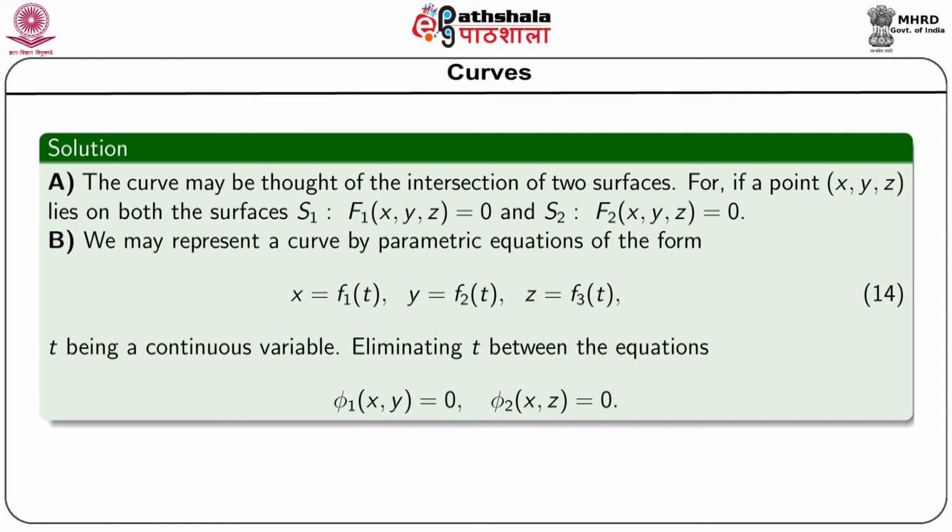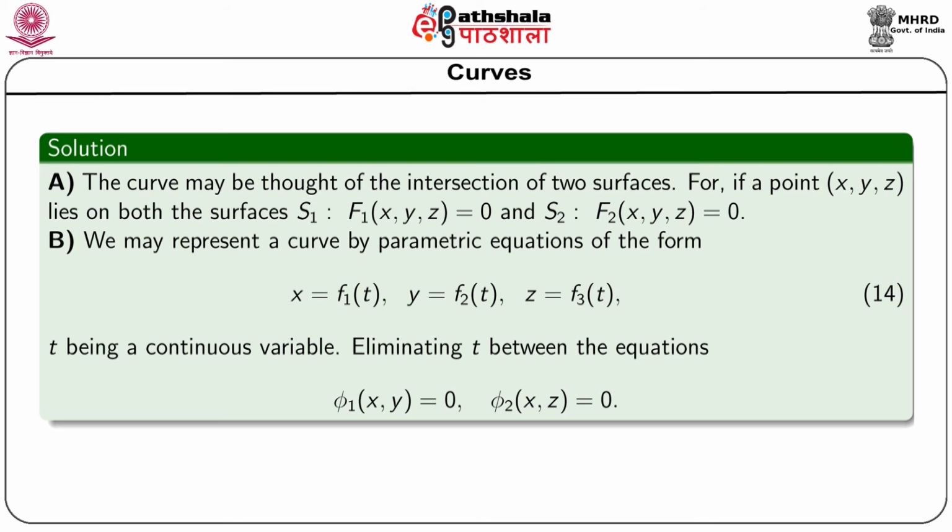Like the equation of a surface, a curve may be represented in parametric form. The parametric representation of a curve is like this, where all the x, y and z coordinates are written as functions of a parameter t, and t is a continuous variable.